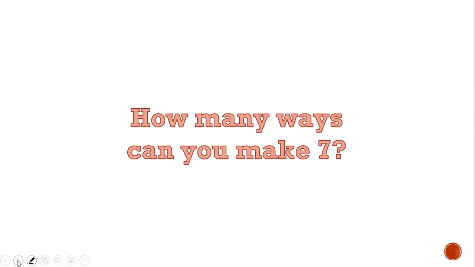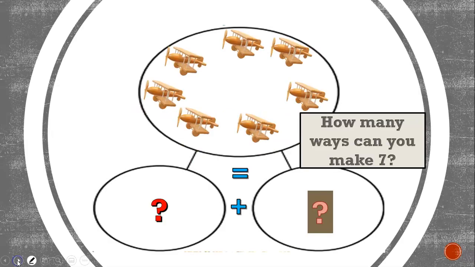Now, as we move on, we're going to look at ways that we can make 7. I have 7 objects. What are some ways for me to group those objects in order for me to count them up to total 7? I heard somebody say 3 and 4.